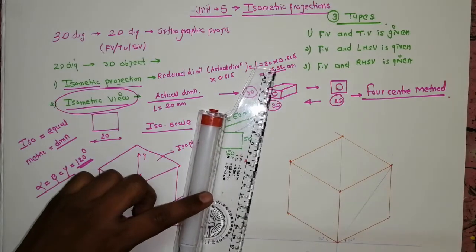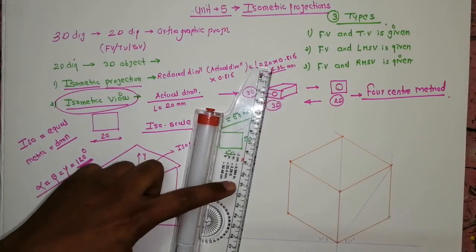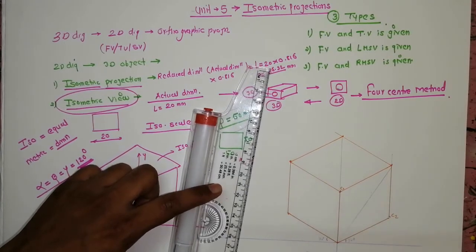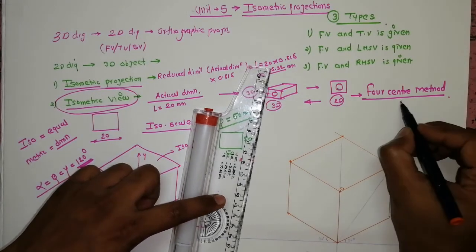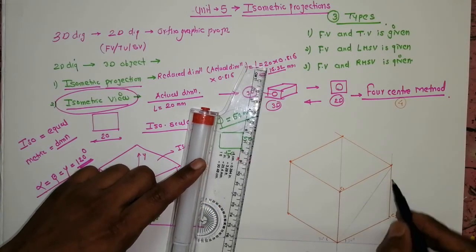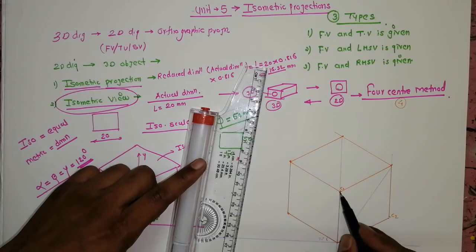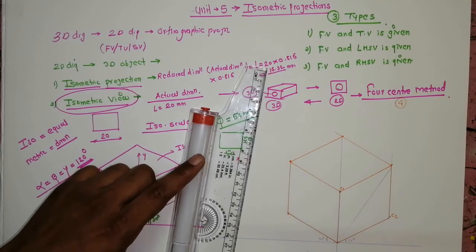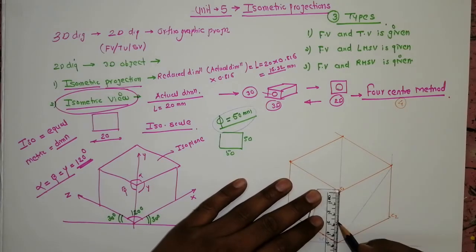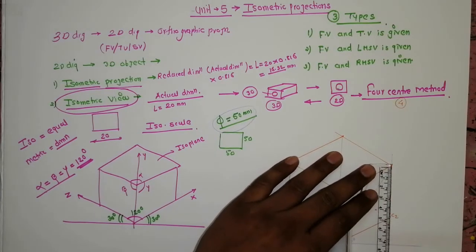After joining the longest diagonal, the opposite corners are centers C1 and C2. In the first step only we want 4 centers. Out of that we got 2 centers in the first step only. We have joined the longest diagonal, and the opposite corners are centers C1 and C2. The next step is you take the midpoints of this square. So here it is the midpoint.